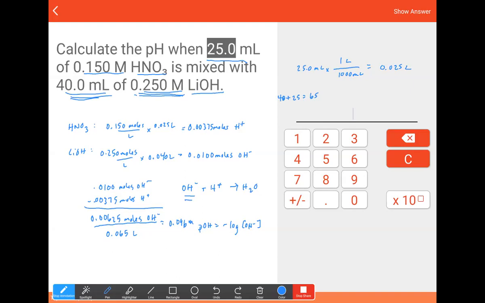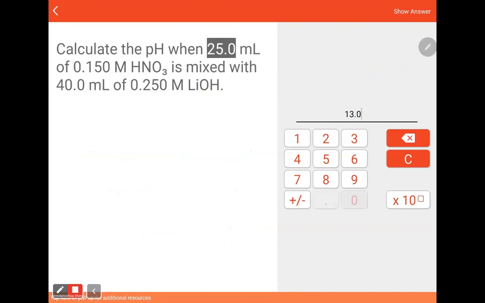So negative log of 0.096 and I get 1.02, so pOH equals 1.02. pH is 14 minus that, and I get 12.98. It looks like 3 sig figs, so I would go with 13.0 as my pH.